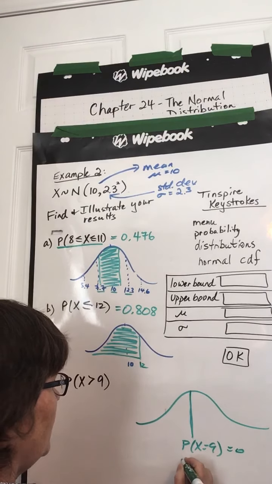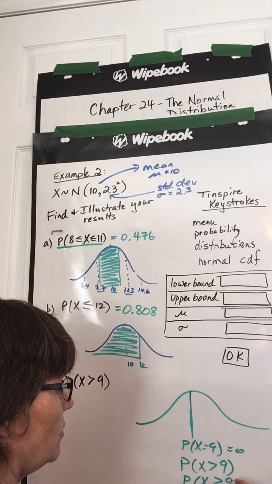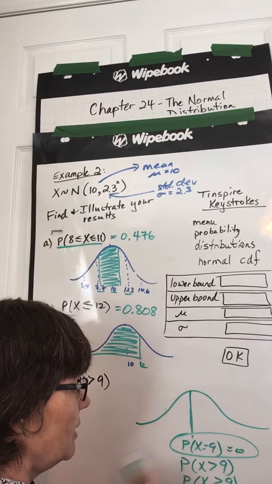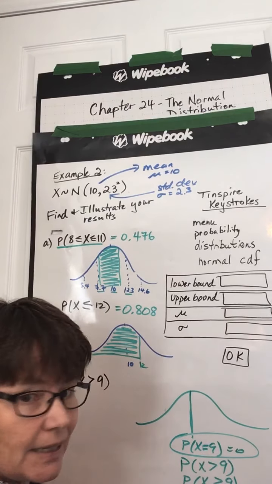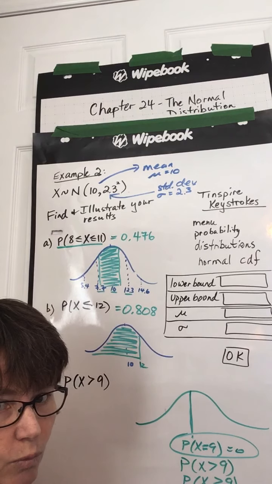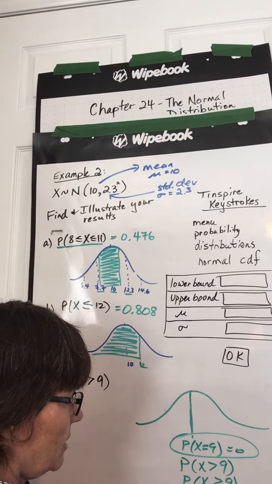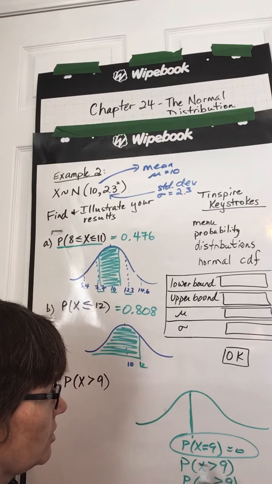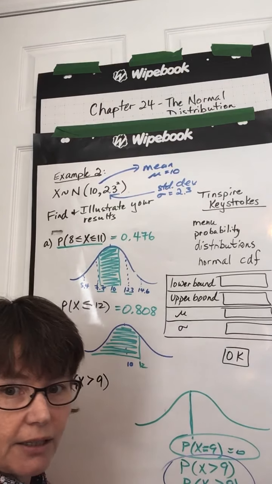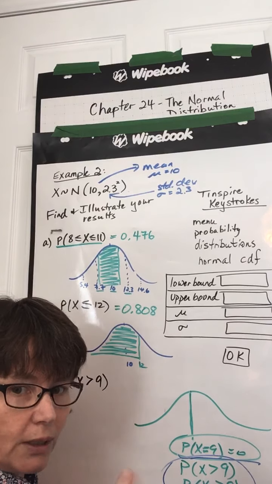The probability that x is greater than 9 and the probability that x is greater than or equal to 9 are therefore going to be exactly the same thing, because we can't find it equal to 9. If we tried to find the probability that x is equal to 9, we would end up having 0 because that strip is too small to have any area. So in the normal distribution curve, these two things are actually equal, because we can't find the area of one strip.